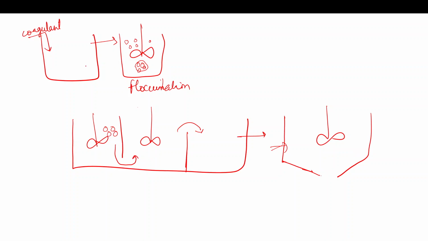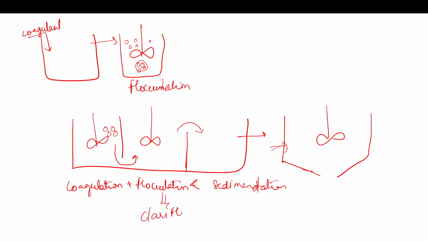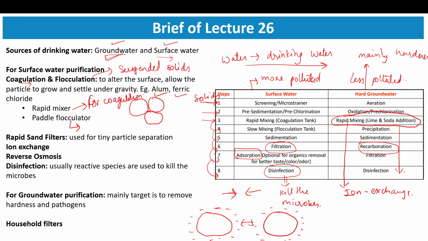You can combine all three processes of coagulation, flocculation, and sedimentation in one unit to have a clariflocculator, where all three processes are combined.